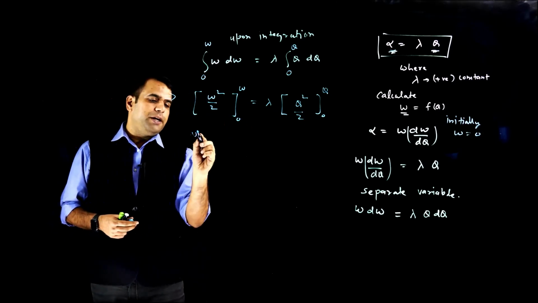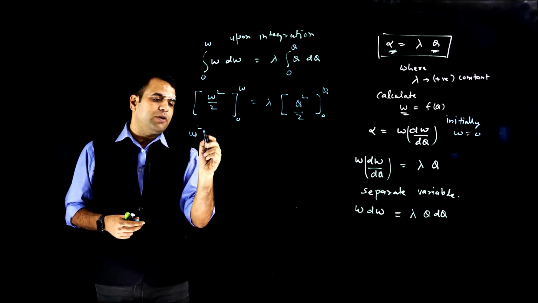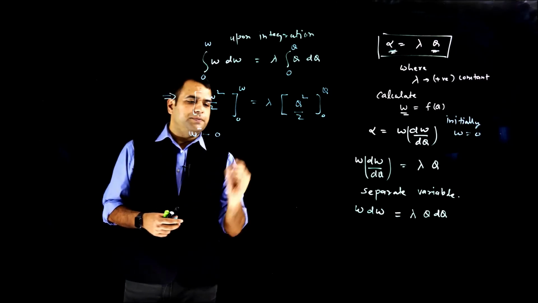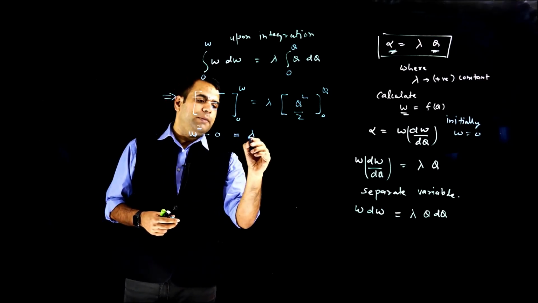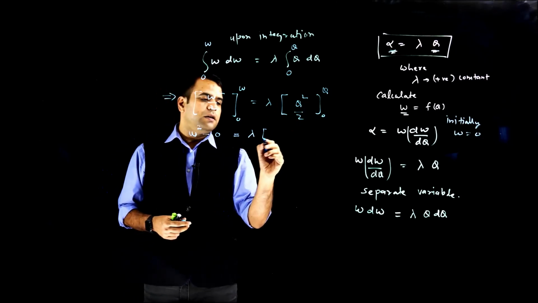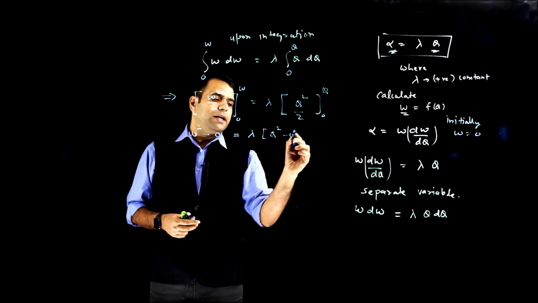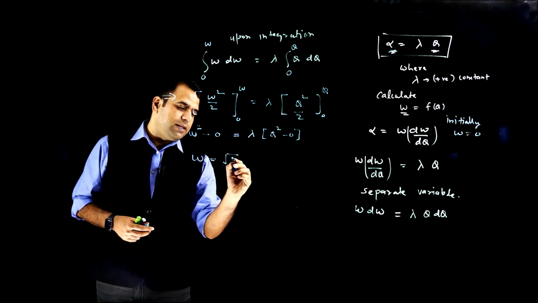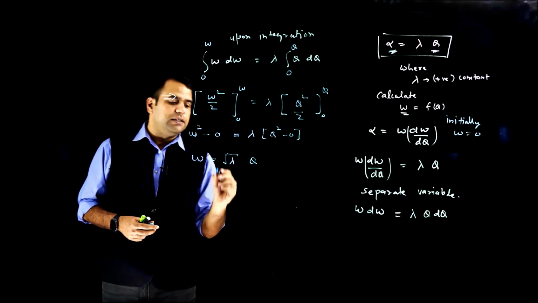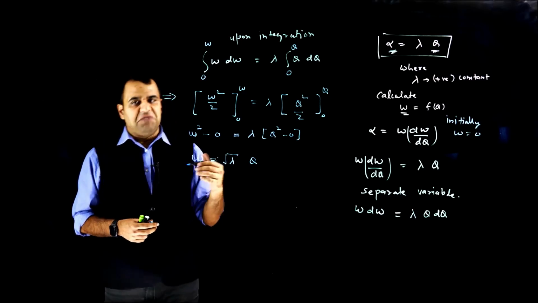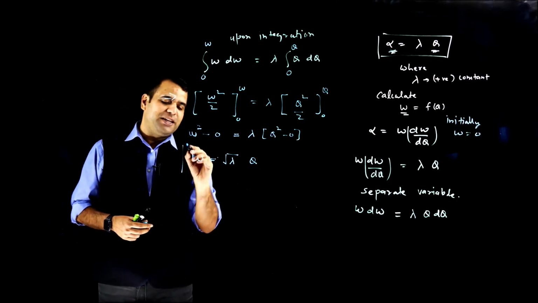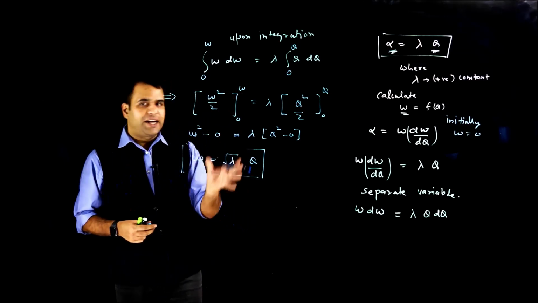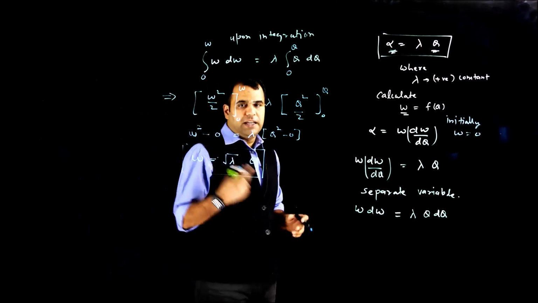So we'll put the upper limit, that will be omega square minus lower limit, which is 0, equal to lambda times upper limit theta square minus 0. And that will make omega equal to under root of lambda times theta. And obviously it will be plus minus. It can have a positive value, it can have a negative value, but we are talking about the magnitude. And magnitude wise, because there is no direction here, they have to be positive.